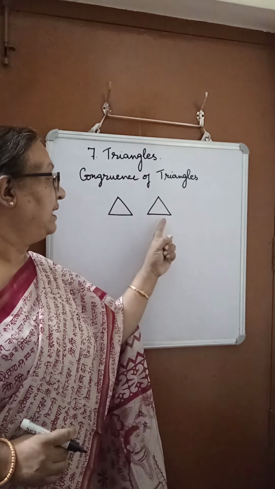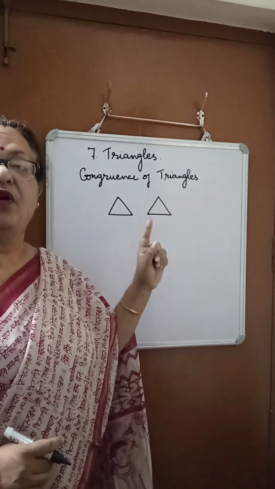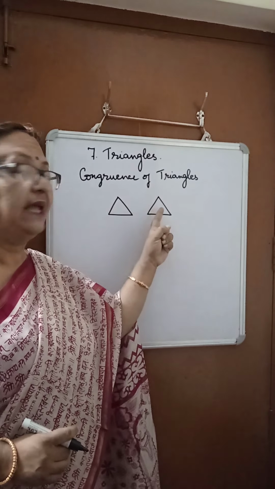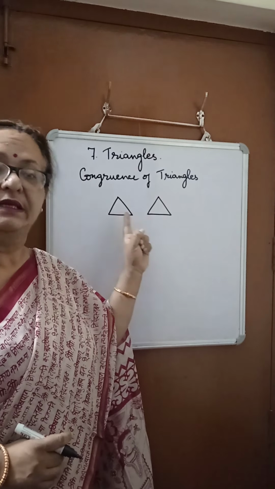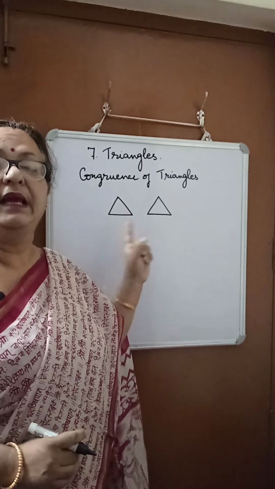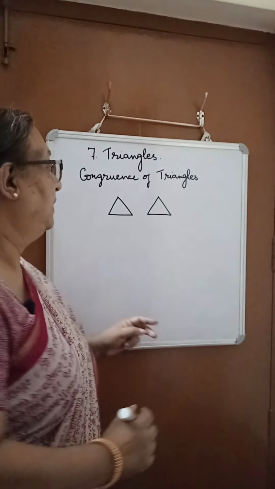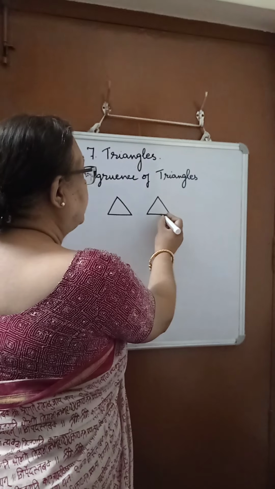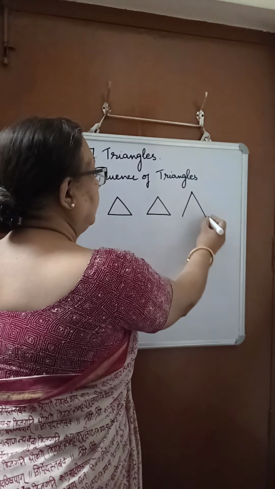That is, if the triangles are congruent, they have the same sides, same angles, so they are of the same shape, same size. They are congruent triangles.